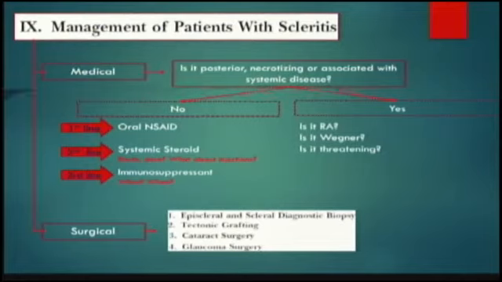Now, it is crucial to refer patients to rheumatology whenever you suspect an underlying connective tissue disease, because once the systemic disease is identified, we usually take over the management, and we usually go to more advanced therapies.